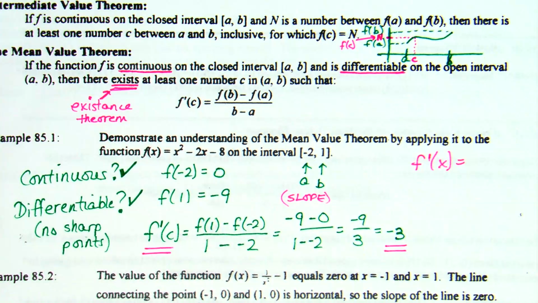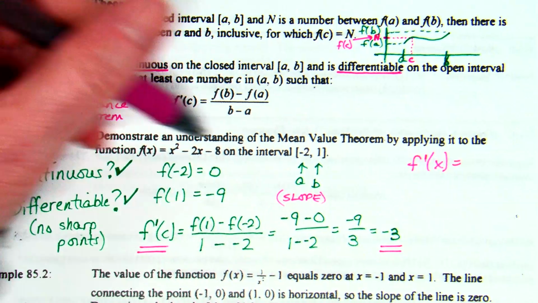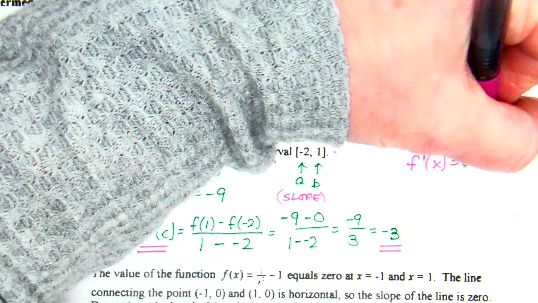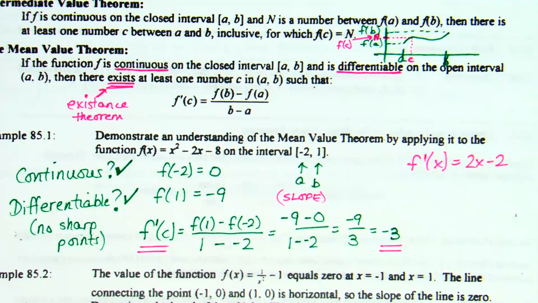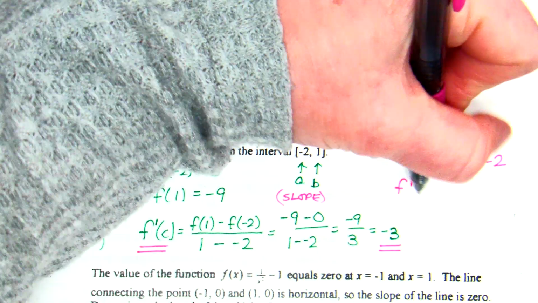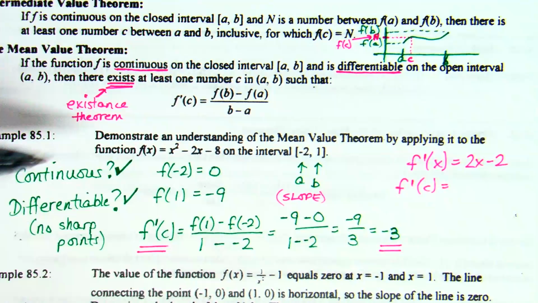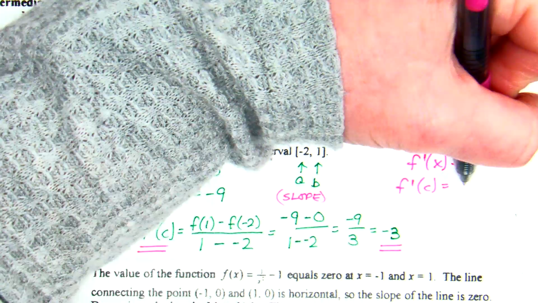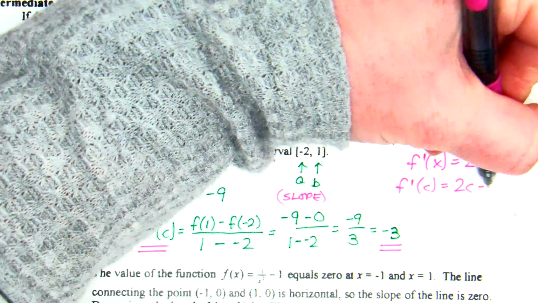If f of x is this given function, what's f prime of x? 2x minus 2. You guys okay with the 2x minus 2? So if we're talking f prime of C, I'm just going to put it in terms of C. So, 2c minus 2.